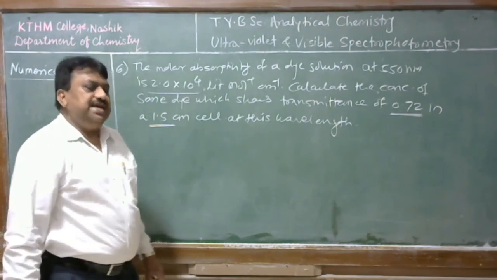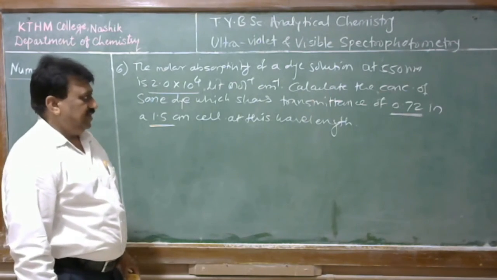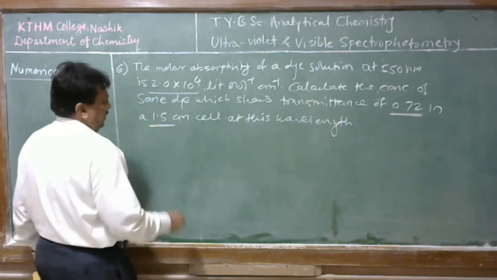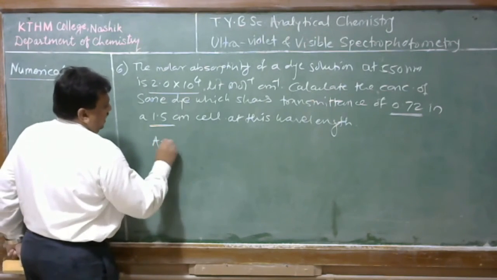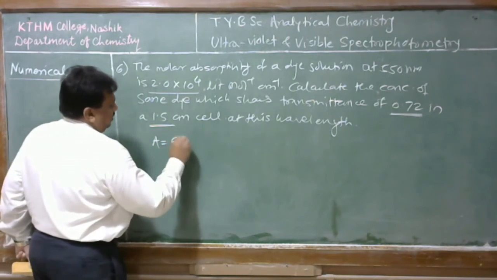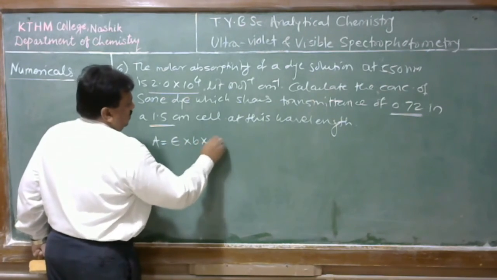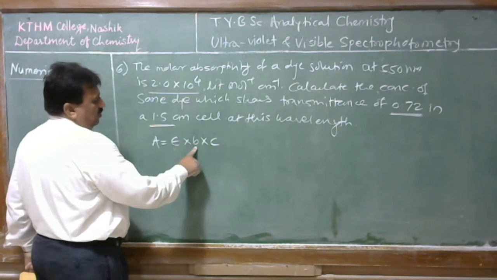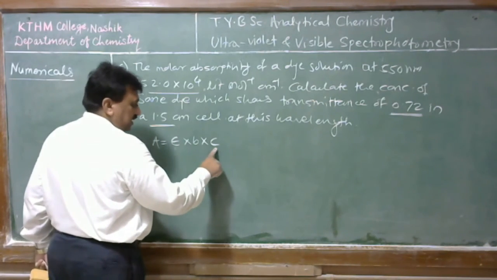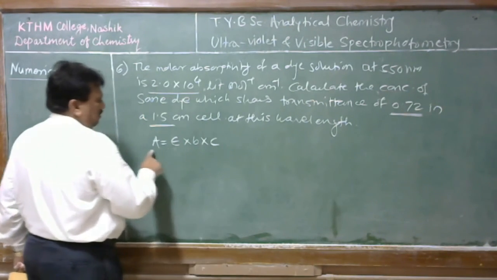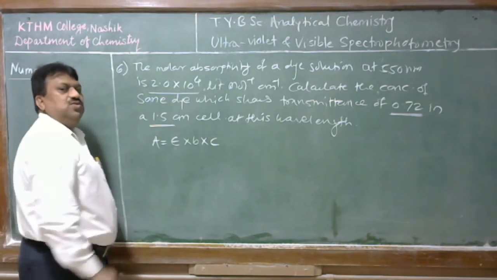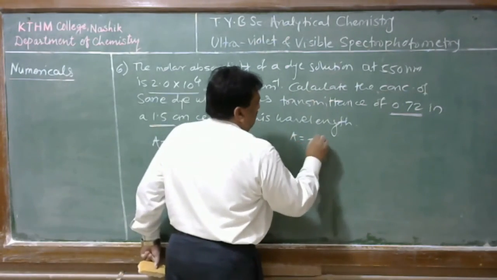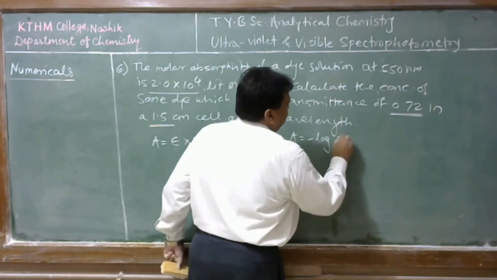We have to utilize these three factors for determination of concentration of dye. Concentration can be determined by using the equation A is equal to epsilon into B into C. Here we know the value of epsilon, we know the value of B, we have to find the value of C, but here we also calculate the value of A. And therefore, A is equal to minus log T.